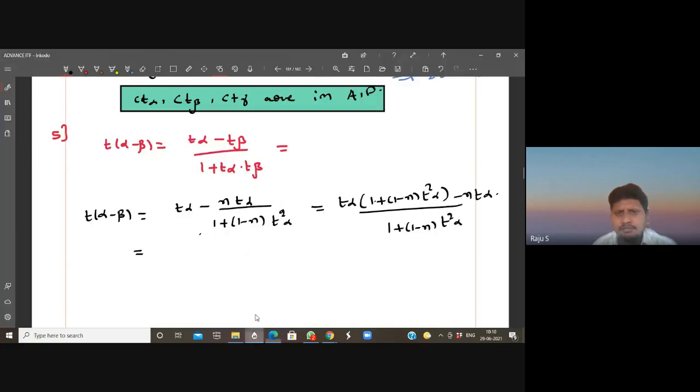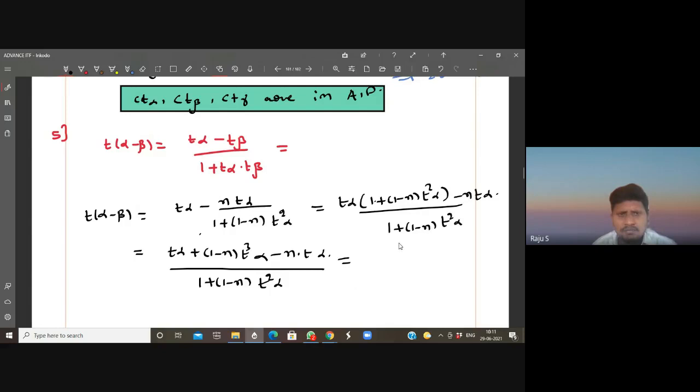Simplify this. Tan alpha, tan cube alpha, tan alpha by 1 plus 1 minus n. Anyhow, multiply the denominator also.